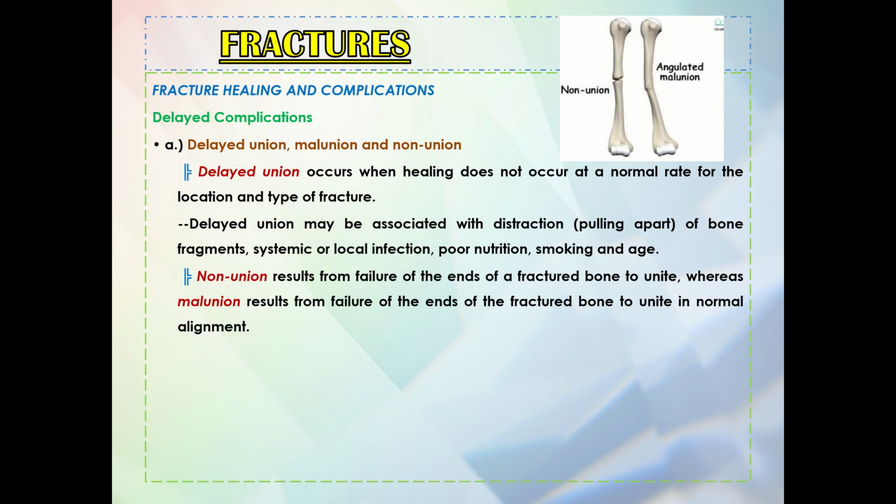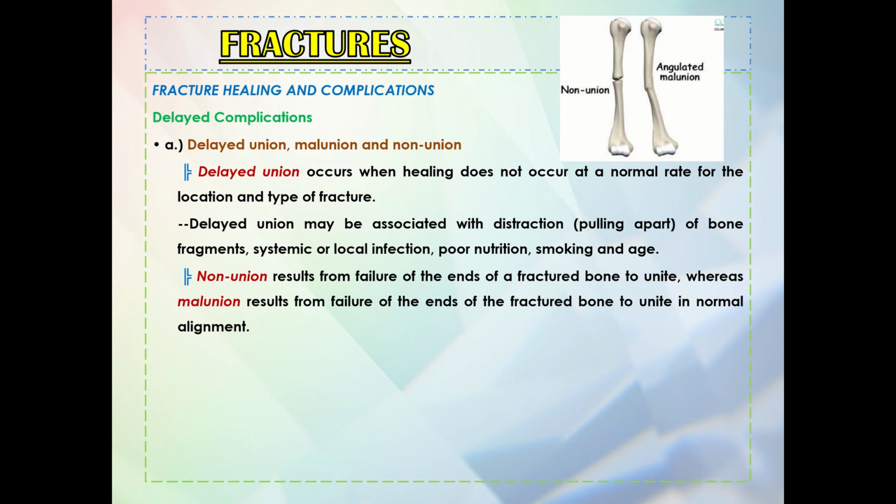Pag sinabing malunion naman, it results from failure of the ends of fractured bone to unite in a normal alignment. Kung si non-union, hindi siya nag-unite totally, hindi nag-meet totally yung dalawang bones, si malunion, nag-meet sila, kaya lang abnormal naman or hindi tama yung kanilang pag-unite.